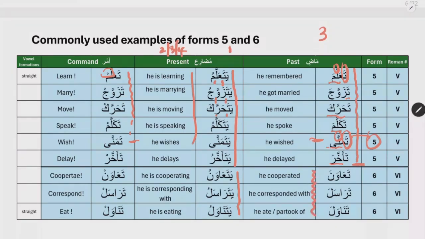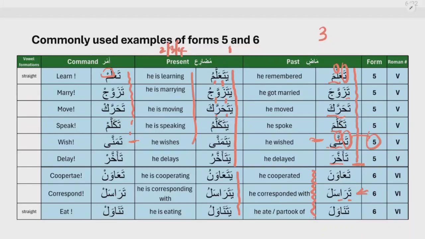Ta'awana is to cooperate, where there's 2 parties involved. Tarasala is also from risala, which is a letter. When you correspond with somebody by writing a letter to them, then you're corresponding with them. So therefore, you notice the ta and the alif coming in the 6th form are the features here. This one here, tanawala, is obviously you're going to take part, or you're going to eat something, and you can eat alone.